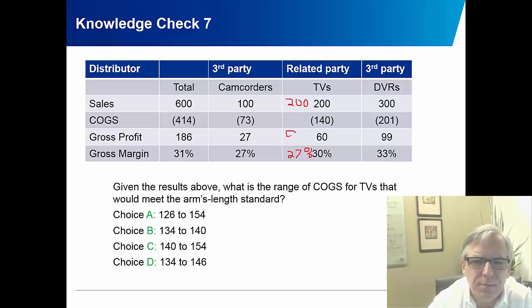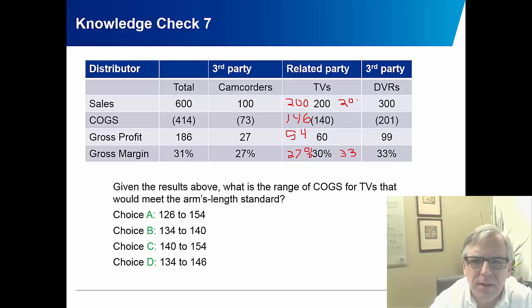We can just double that amount, so 54. And then that would imply that they could have bought the TVs for as much as 146 and still have earned a margin that would have been equal to what would have been earned from buying something from an unrelated party. And on the other end, we could say, well, again, if we started here at 33, which is the gross margin from the DVR sales, and apply that to the 200 in sales, because again, that's not going to change.